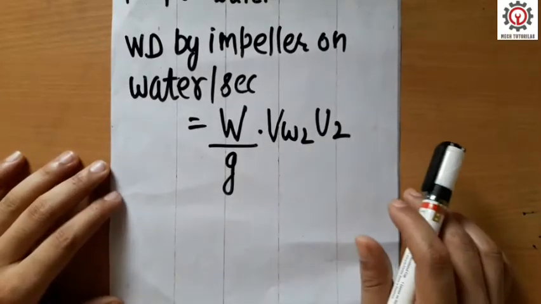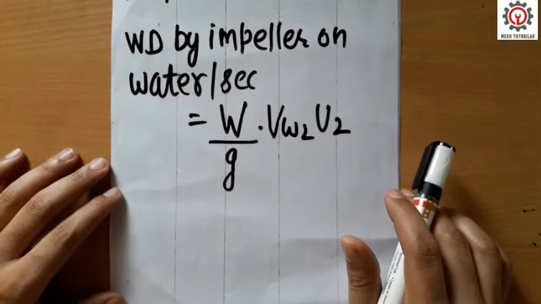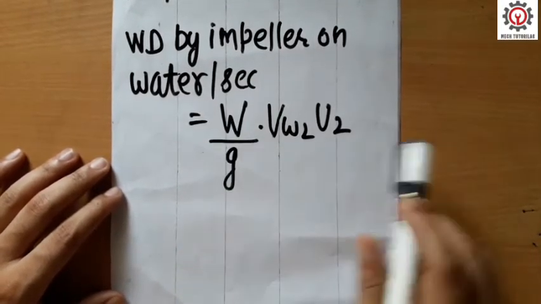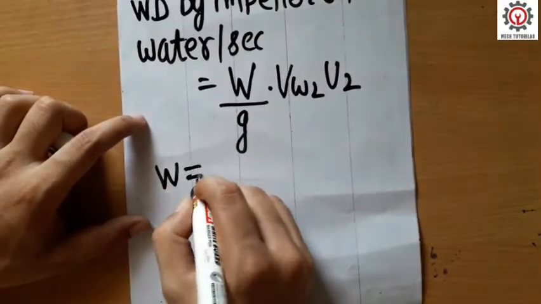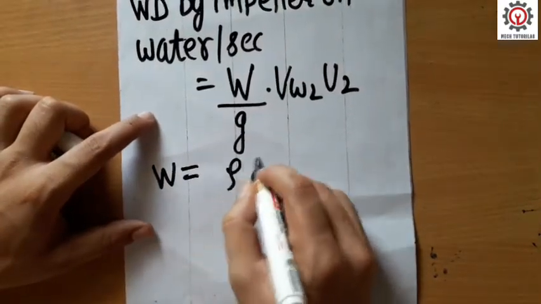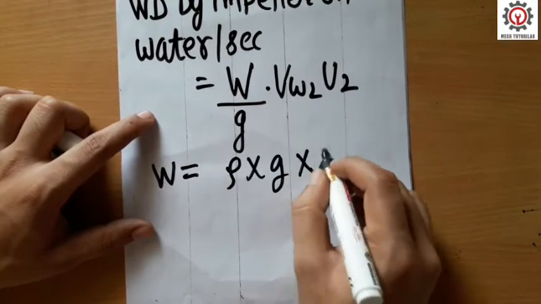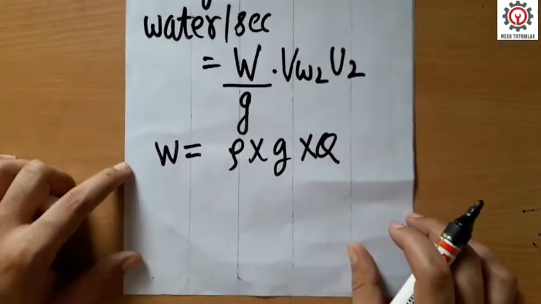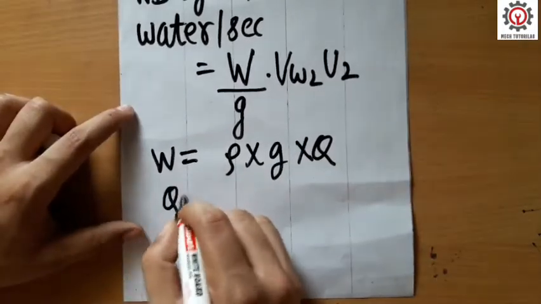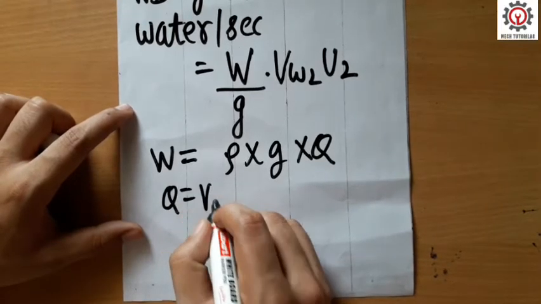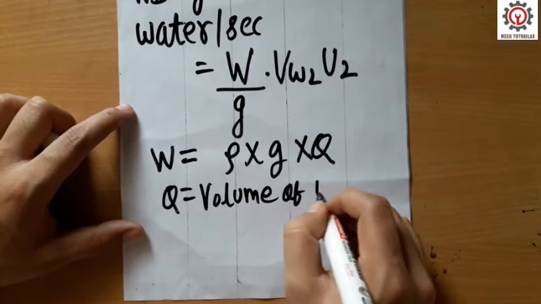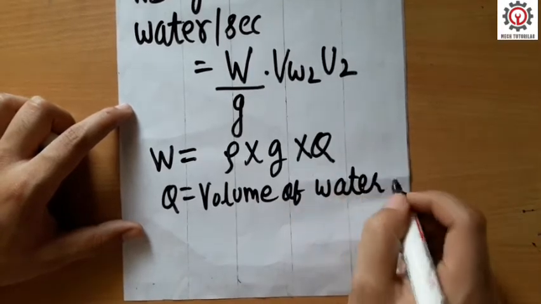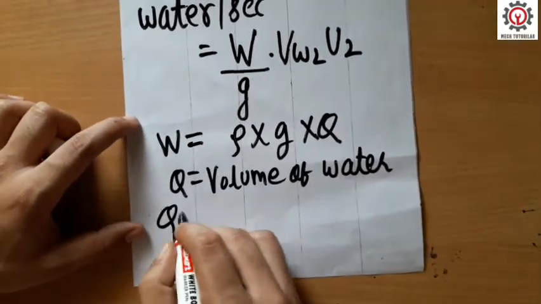This is the expression we derived for work done by the impeller on water per second, where W is the weight of water, and the formula for weight of water is rho g Q, where Q is the volume of water, and we know that Q is area into velocity.